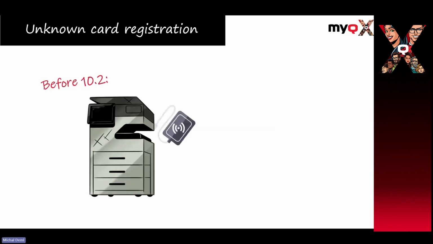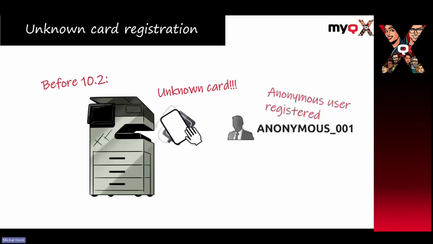Another of the extra features focuses on the user and the registration of cards. Before 10.2, if you used an unknown card on a reader connected to the machine, it would either reject your operation because it's unknown, or if activated, it would create an anonymous account. This could be used in, let's say, hotels or some place where we give limited functionality to the user, like printing from a USB drive or simple copying.